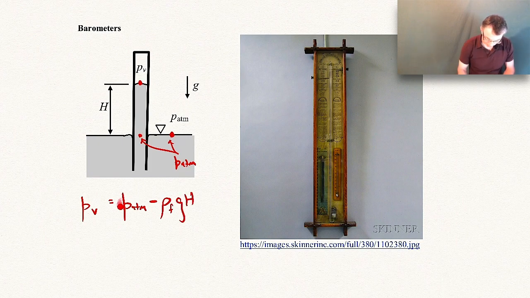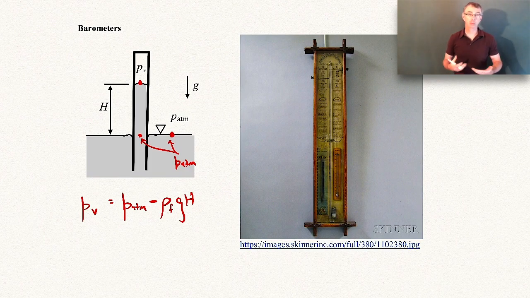So this is the pressure I'm starting with right there, P atmosphere, and then I'm moving upward to this point. And as I move upward, I subtract out the hydrostatic pressure contribution of the working fluid. So I'm subtracting out the density of the fluid times gravity times the height that I've moved. So the pressure is now lower. And of course, the pressure right there is the vapor pressure, which is given on the left-hand side.